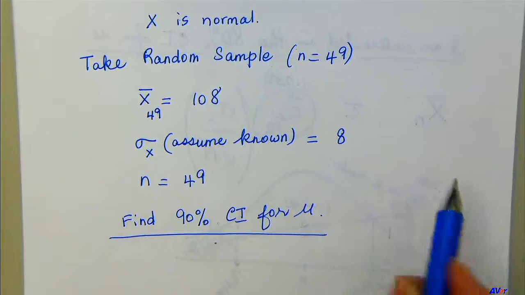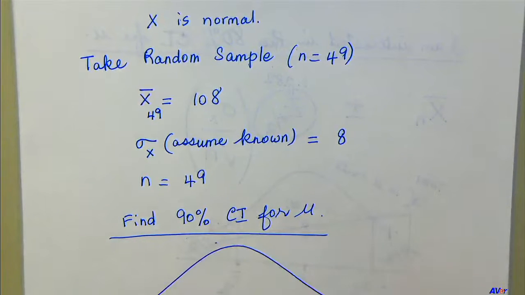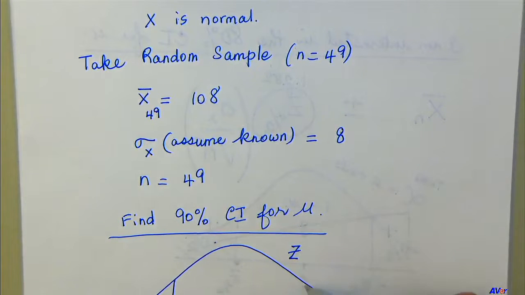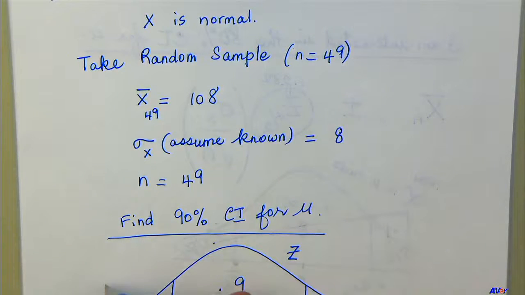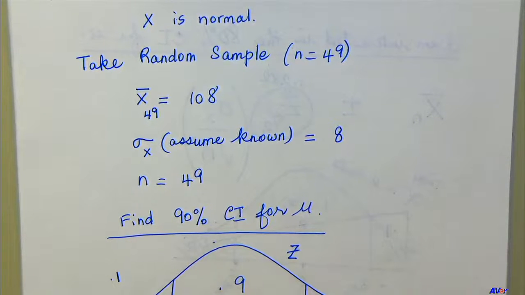What are you going to do? Draw Z. Stick the 90% in the middle. What is left to be shared between the two tails? 10% left to be shared. So 0.05, 0.05.